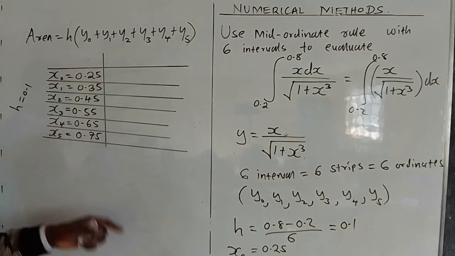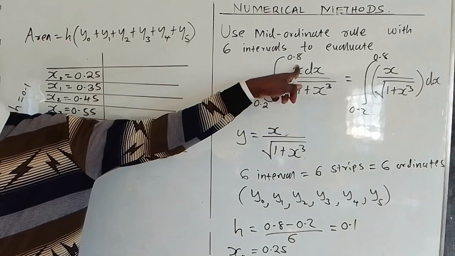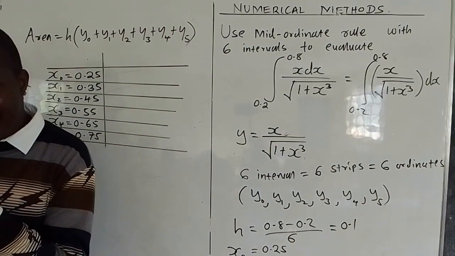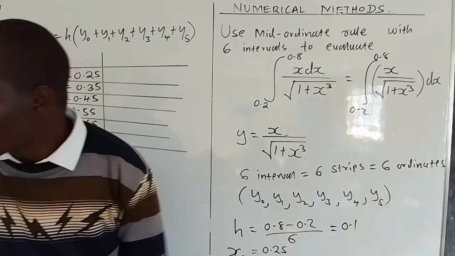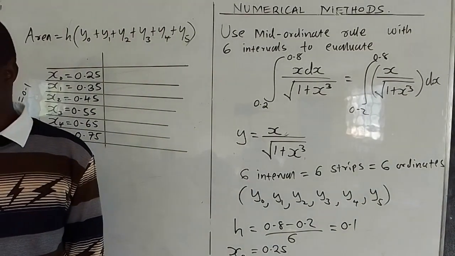So you can see the last one cannot pass 0.8 because those ordinates are in the middle, isn't it? If you add plus h again, you see it is past 0.8, meaning that is outside, is not required, isn't it? Are you seeing? Good.